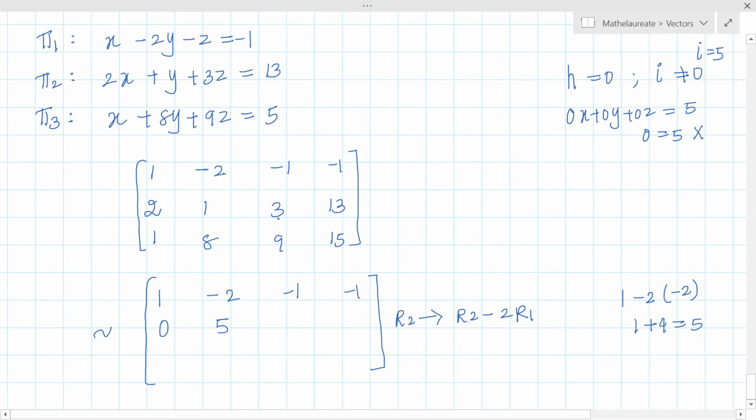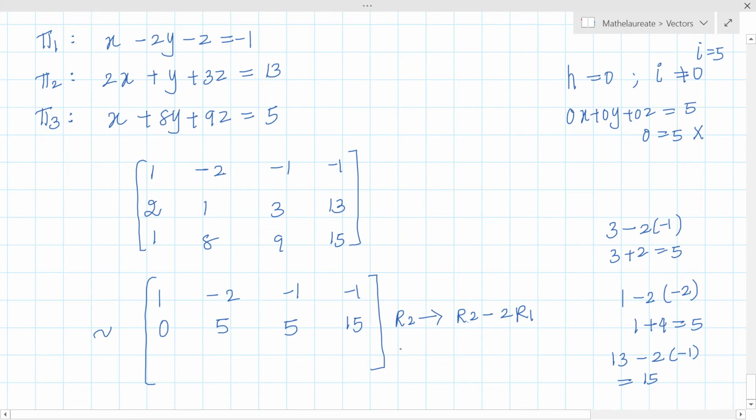Now the next term, 3 minus 2 times the corresponding term, which is minus 1. 3 plus 2 makes 5. So this term also becomes 5. The last term in the second row is 13, minus 2 times minus 1, which makes 13 plus 2 is 15. All right, we're done with the second row.